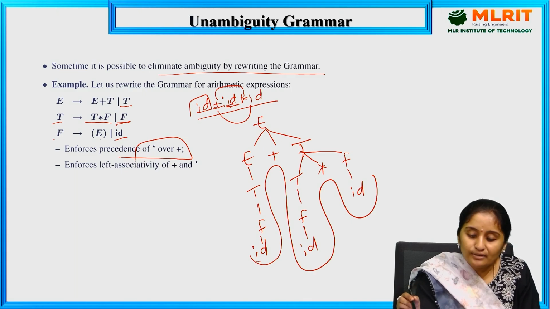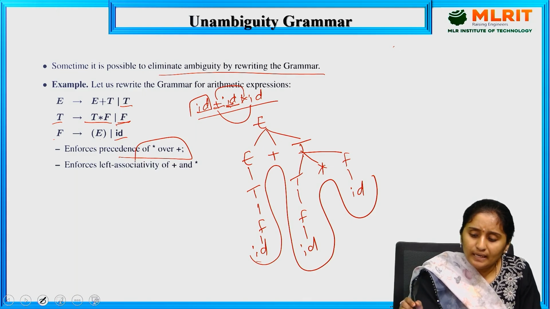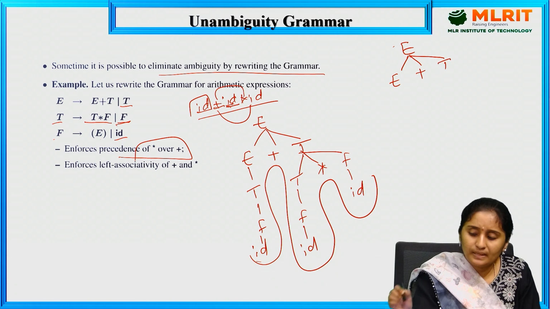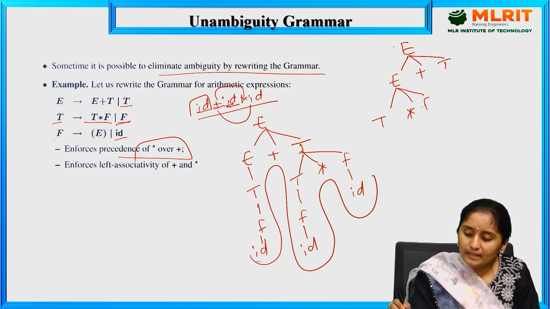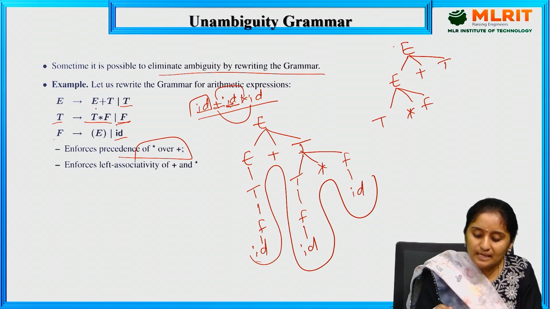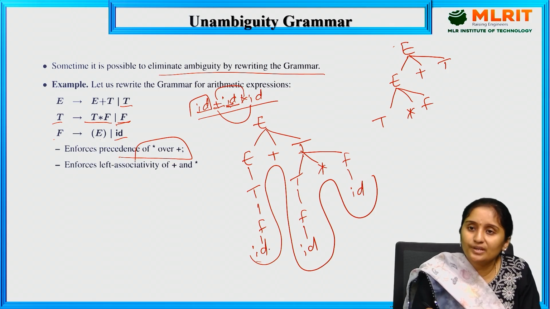Let me try to generate another parse tree here. E produces E plus T. This E I can replace with T star F, or I can replace this E with ID, but again I am going to generate the same parse tree.